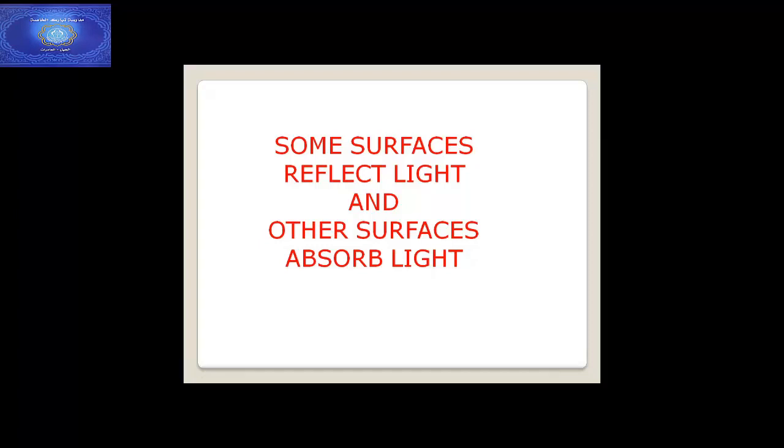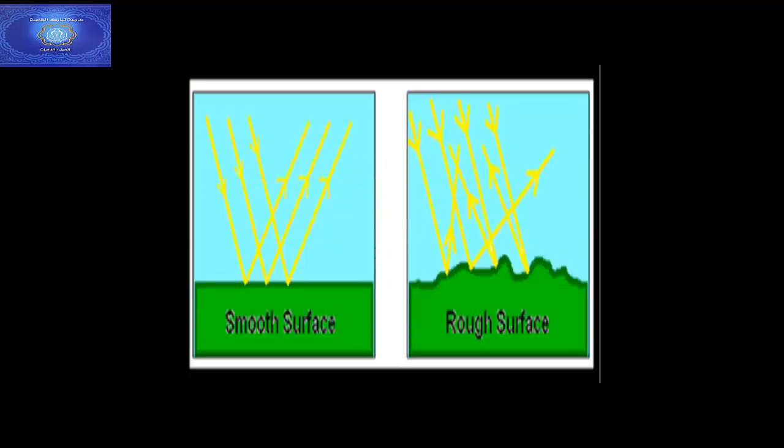Some surfaces reflect light and other surfaces absorb light. We have many examples. We said smooth surface here. Look here, the light reflection. A rough surface doesn't reflect light properly.